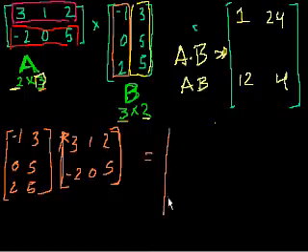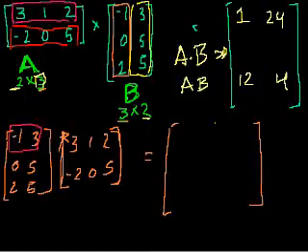So we learned that you get the row information from the first matrix and the column information from the second one. So this term, in theory, should be that row times what? Actually, it turns out that you can multiply them. Because this is a 3 by 2, and this is a 2 by 3.